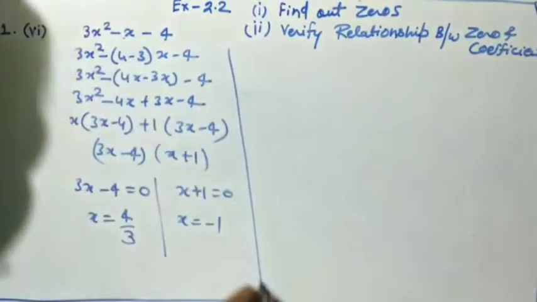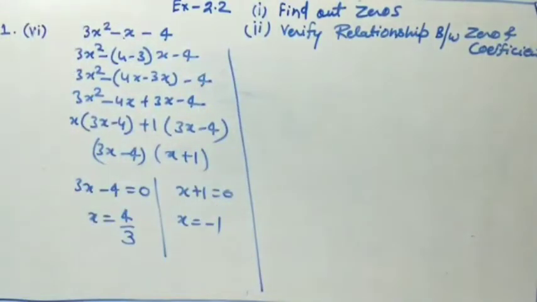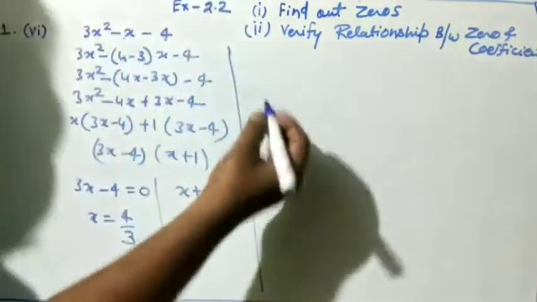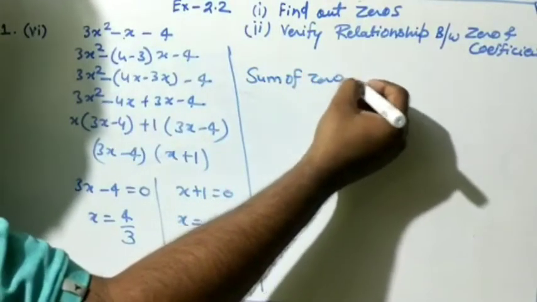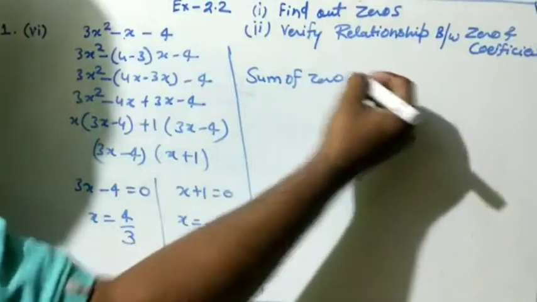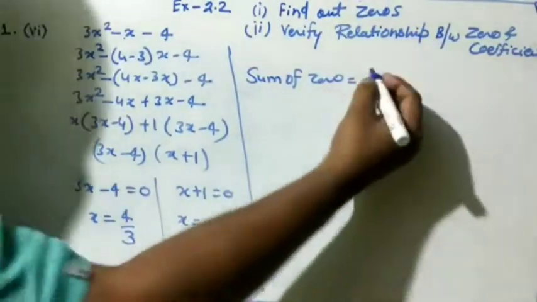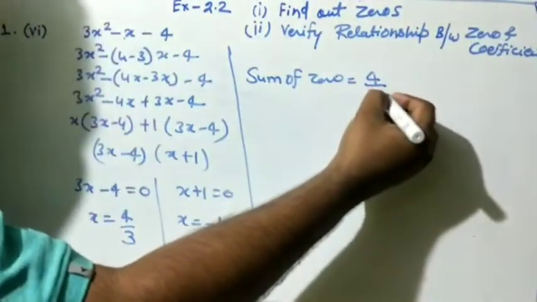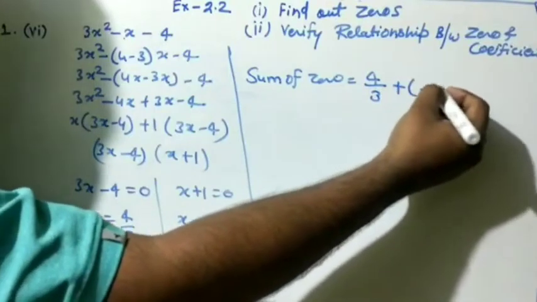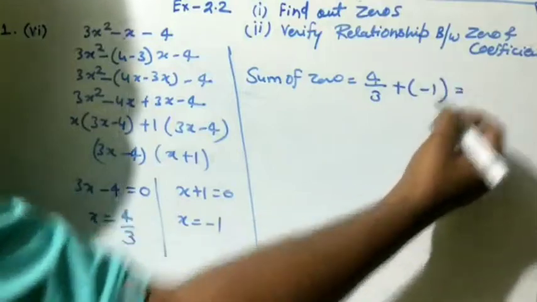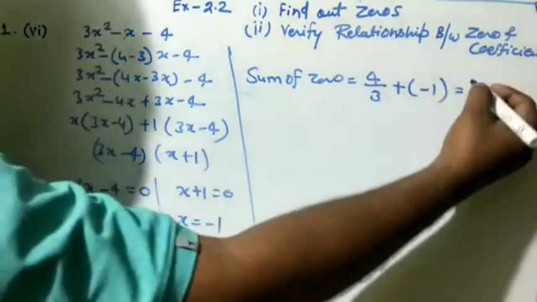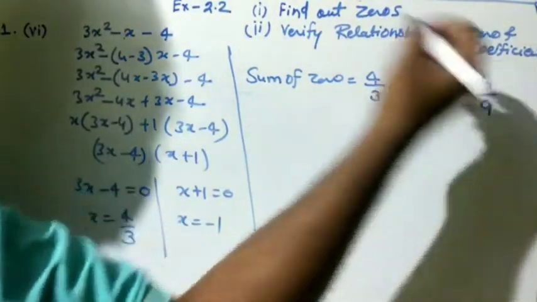But how to verify? You remember about the sum of zeros. Sum of zeros is 4 upon 3 plus minus 1. And what is the formula of sum of zeros? Minus b upon a.